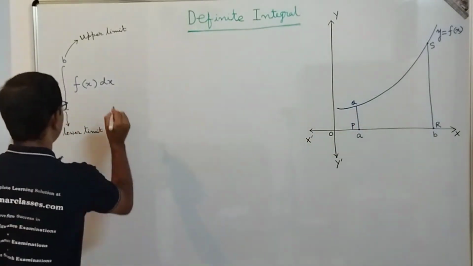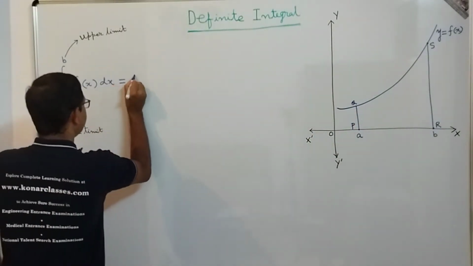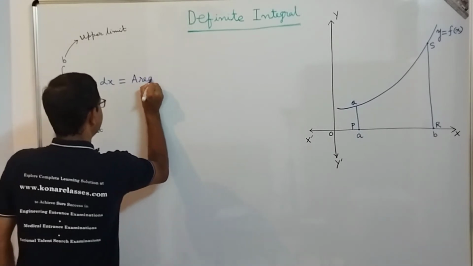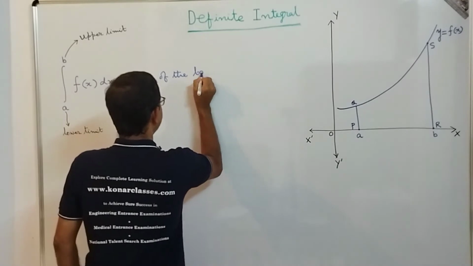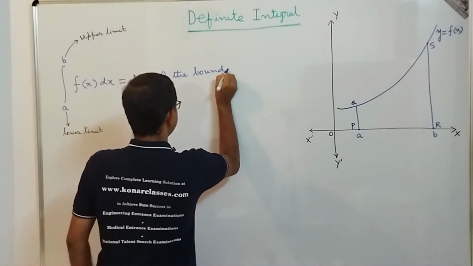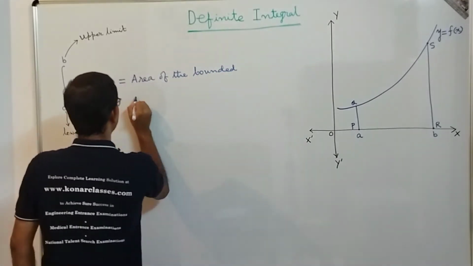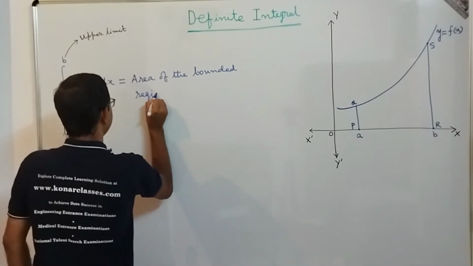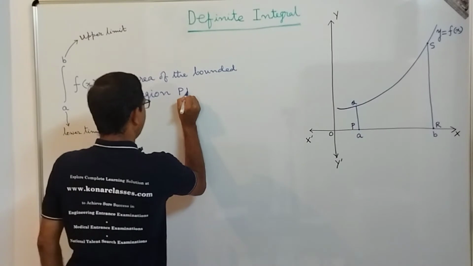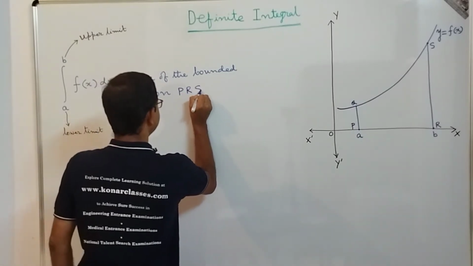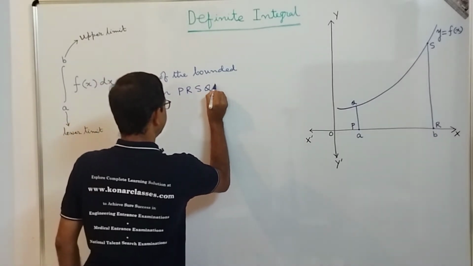So this is equal to the area of the bounded region PRSQP.